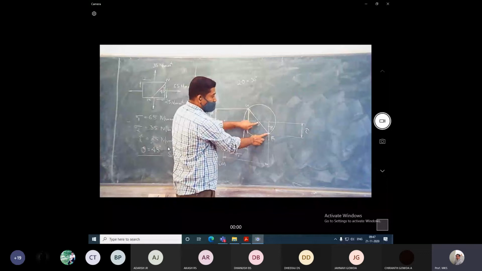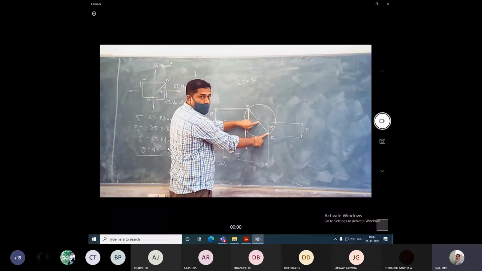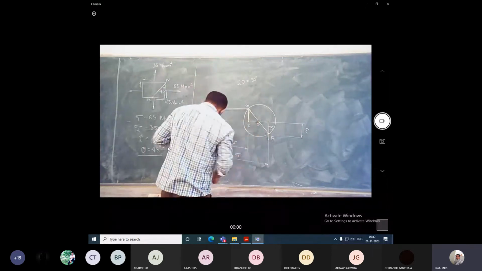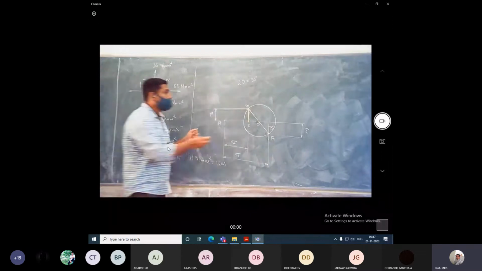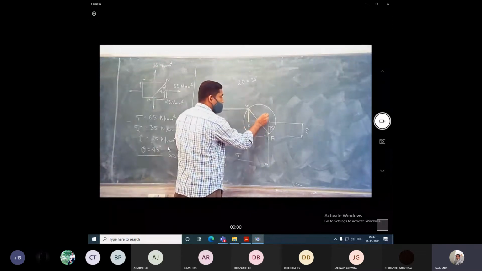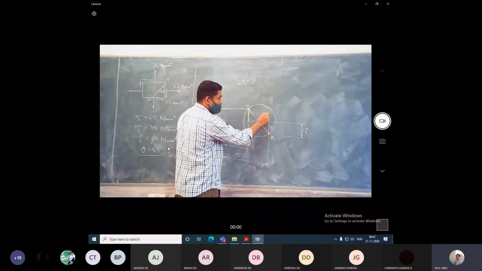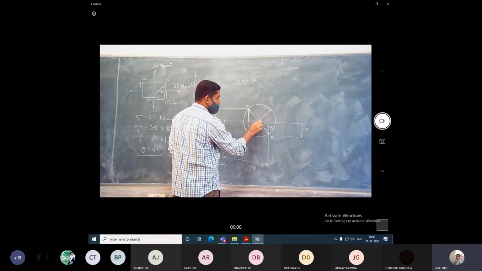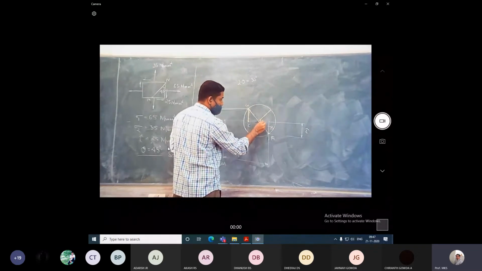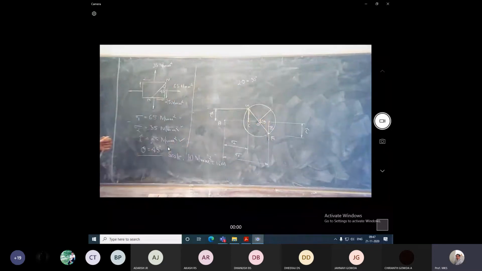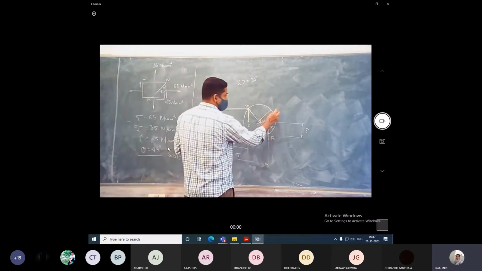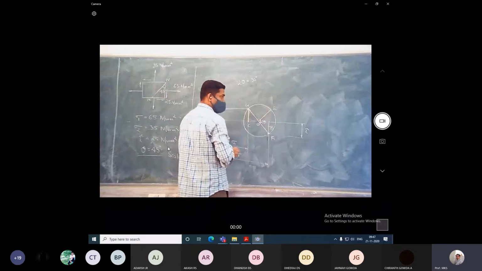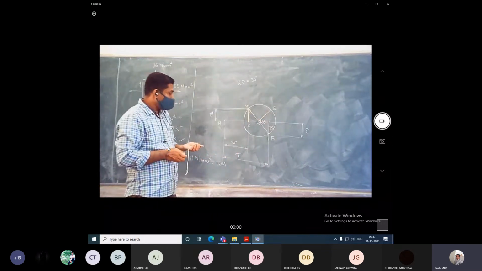So take your protractor, measure 90 degrees with OF as reference, and extend that line to meet the circumference of the circle, and name that point as E.